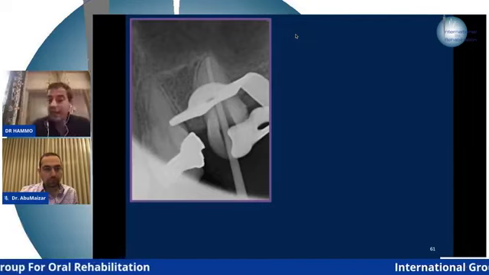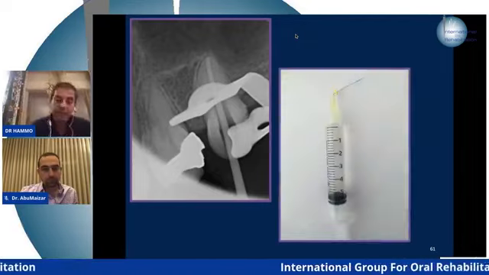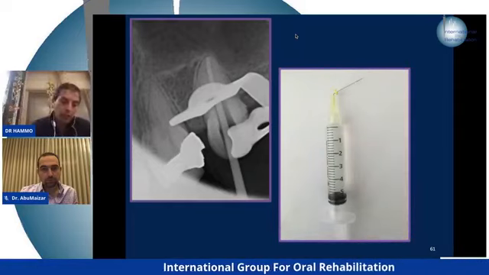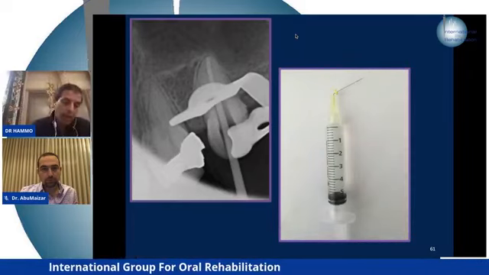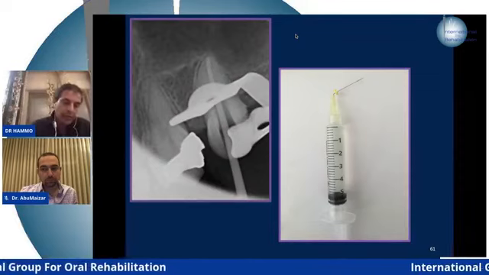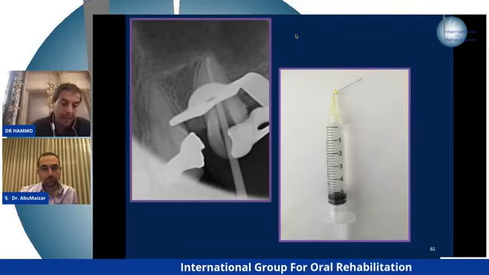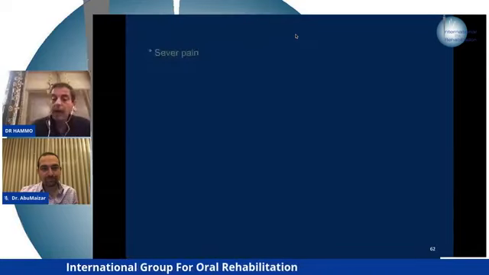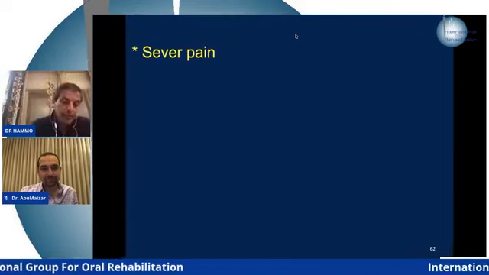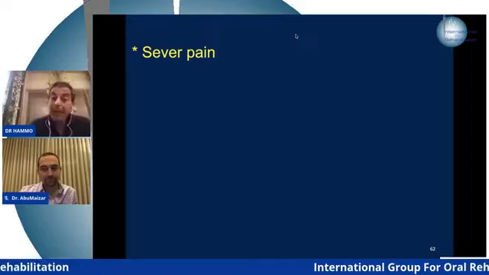So I started irrigation every 3 to 5 minutes. I use sodium hypochlorite, and I will wait. Then 5 cc, then I'm waiting. Then 5 cc, then I'm waiting. Then all of a sudden, severe pain occurred.